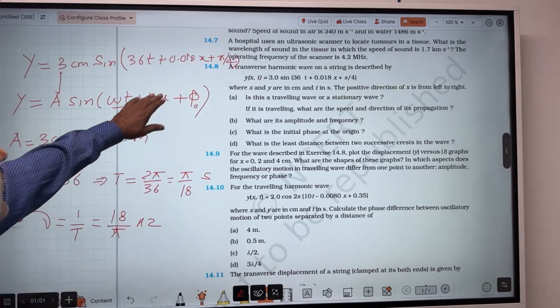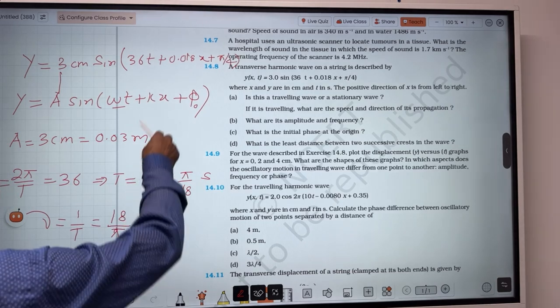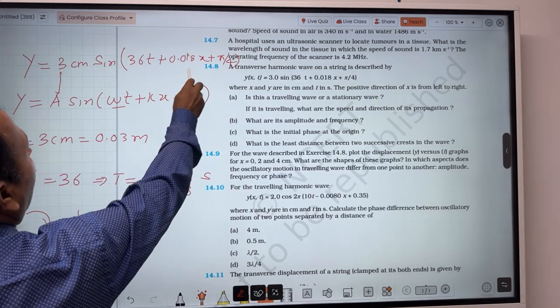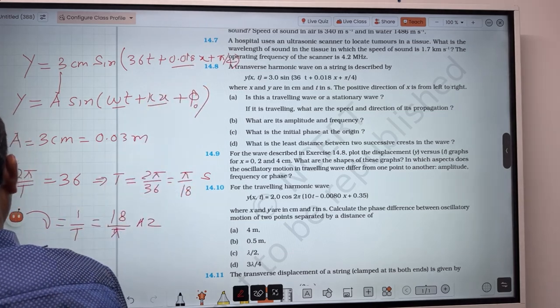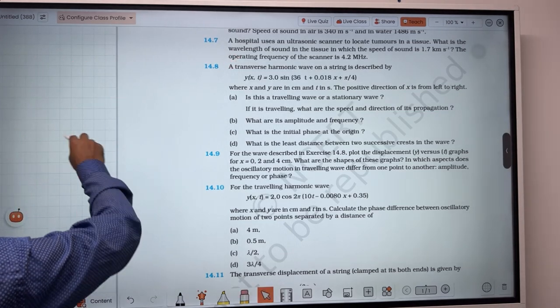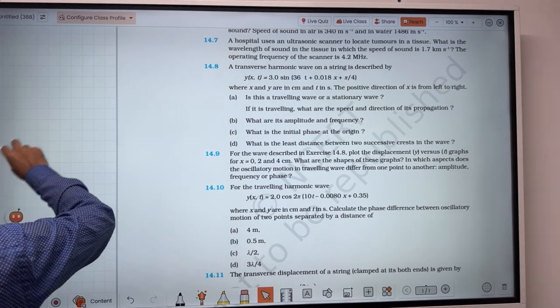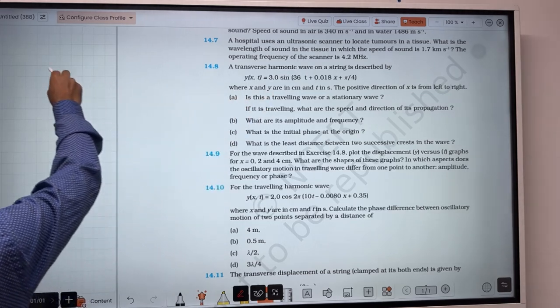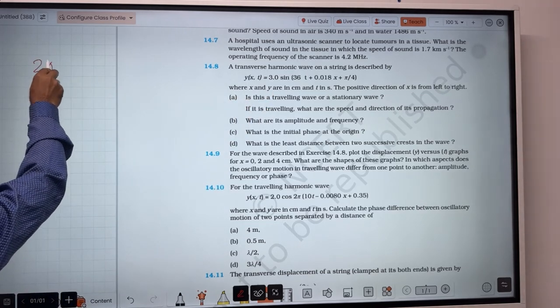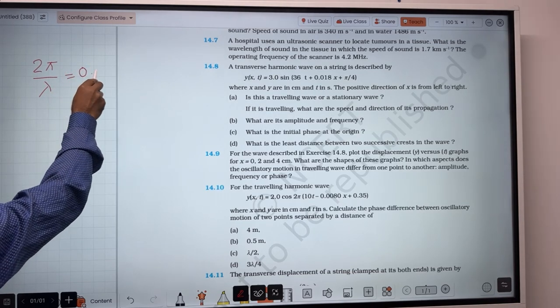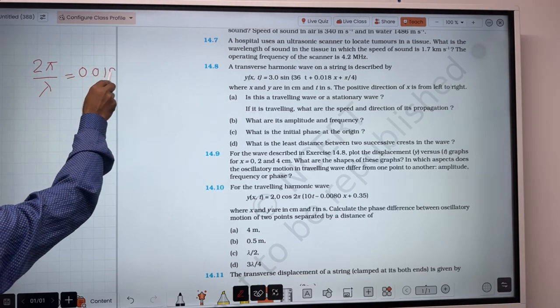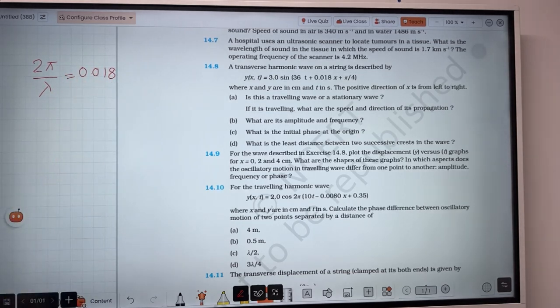Now our next concern is to get lambda. So this is kx. The value of k is given as 0.018. So let's write it afresh. 2π by lambda equal to 0.018, right?